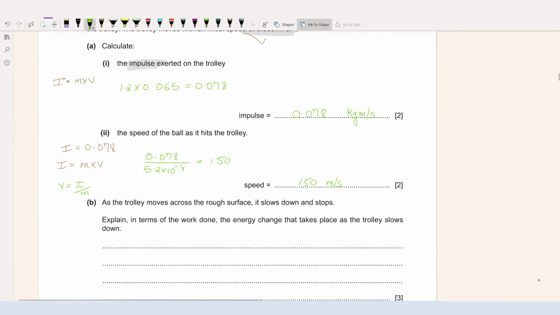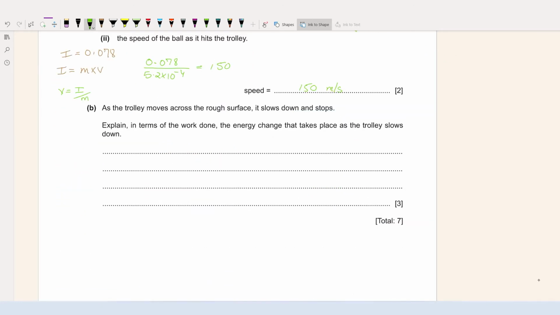So we can write that down. As the trolley moves across the rough surface, work is done by the trolley.